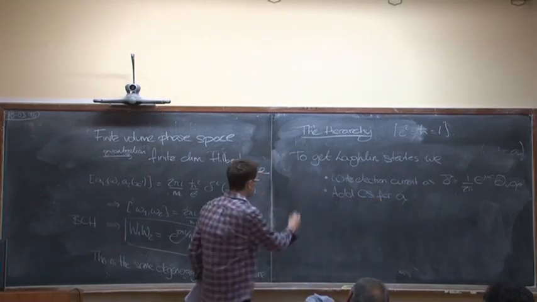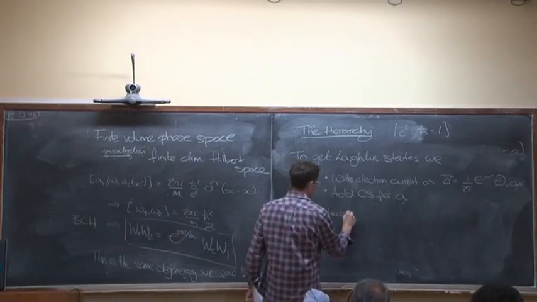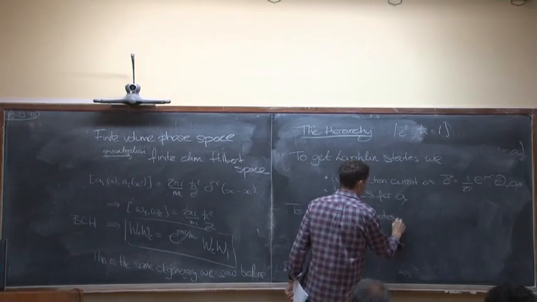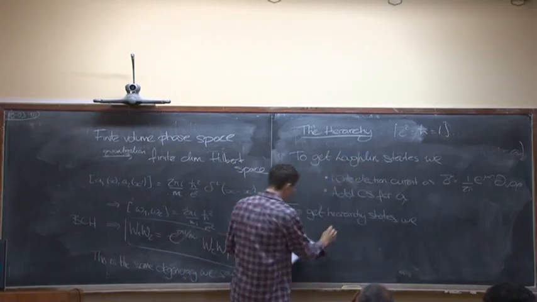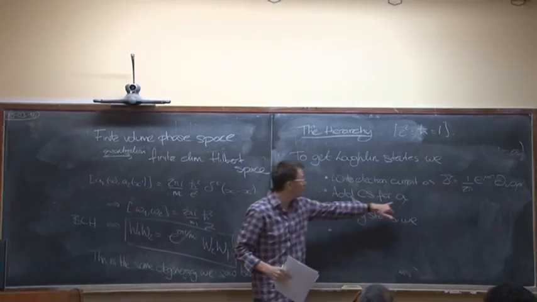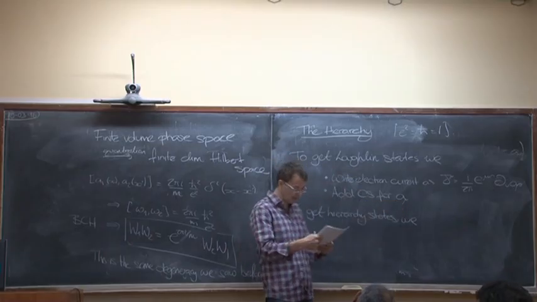Then easy. So to get the hierarchy states, we just repeat it. So what do we know? We know what the quasi-holes are. The quasi-holes are the objects which couple to little a. So there's a current, j, which couples to little a.